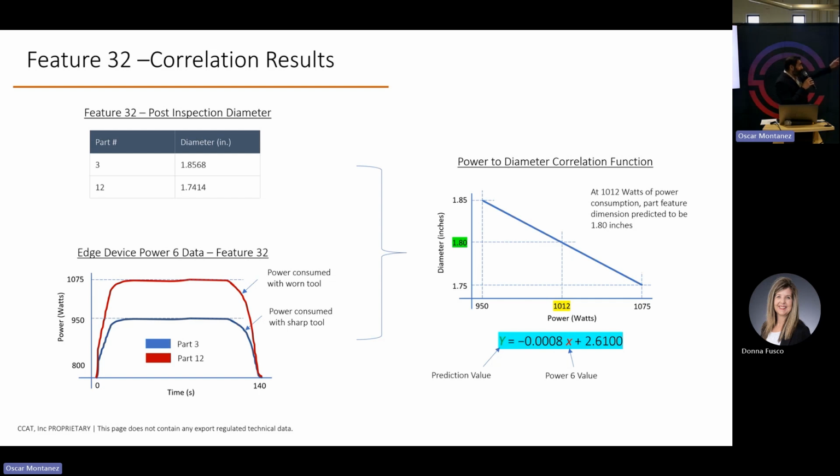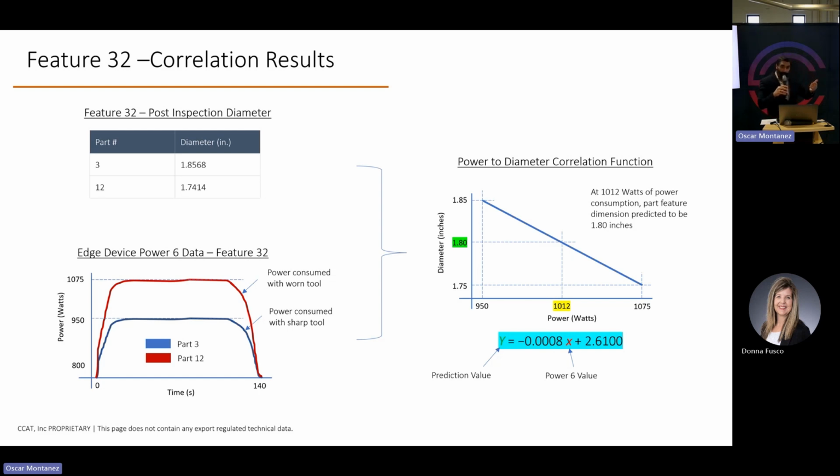By the time we got to part number 12, we're 1 inch 741 thousandths. Diameters decline. It's smaller. Why? Because the tool is wearing out, and so that's affecting the diameter of the resulting part. The tool wear obviously here is magnified because we're measuring diameter.